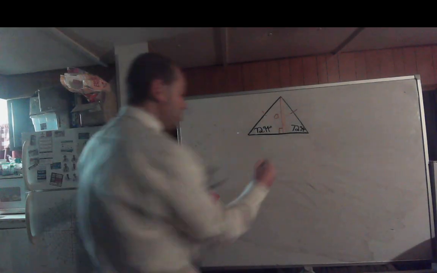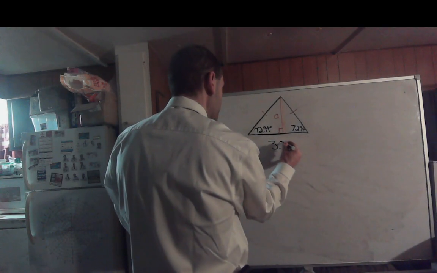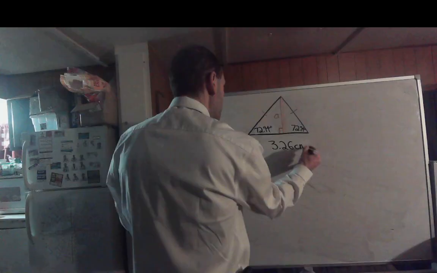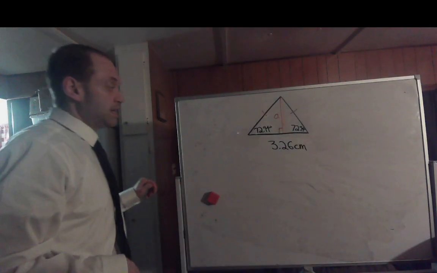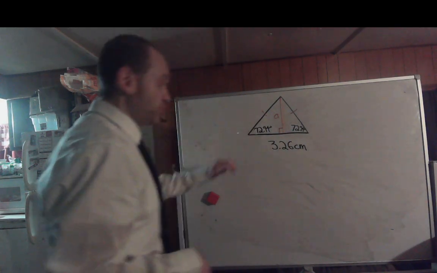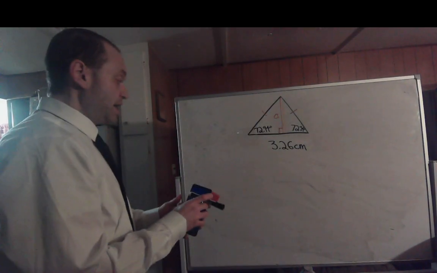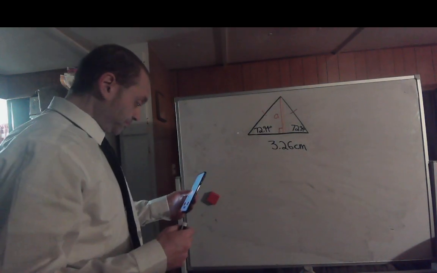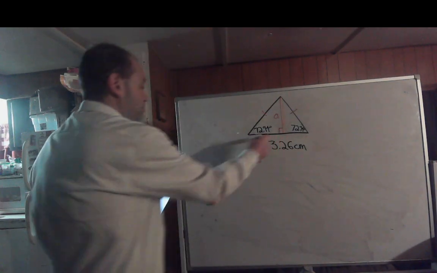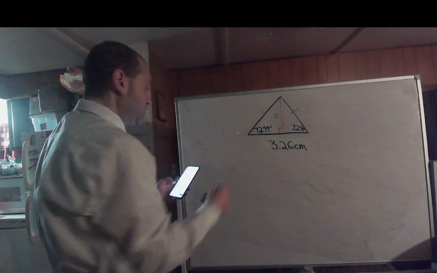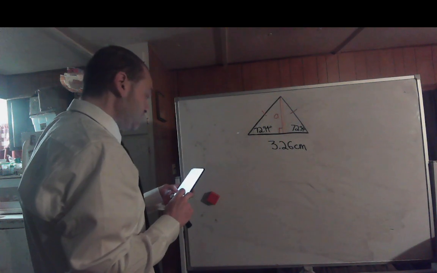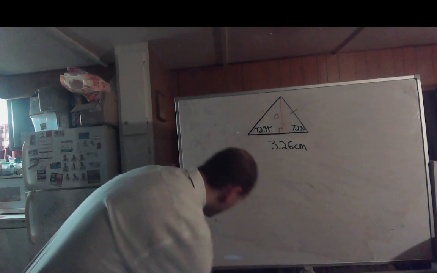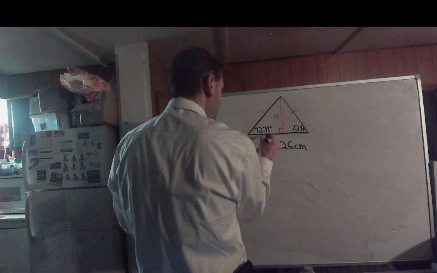What's the base? Very small base of 3.26 centimeters. That is a very small base. So that means then we need to find half of 3.26, and we could end up getting the length of the right triangle at the bottom here. So half that base, 3.26 divided by 2, that gives you 1.63 centimeters for half of the base.